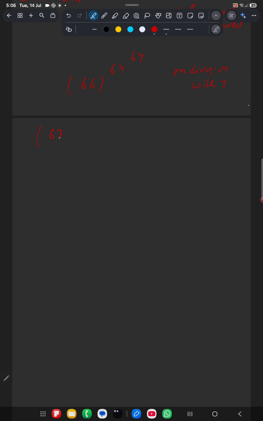This will give you 63 plus 3, power 64, power 64. It is easily seen that 63 is divisible by 7, no problem, and 3 will be left. 1 raised to the power 64 and raised to the power 64 is 1, but 3 raised to the power 64 again raised to the power 64 is something different.